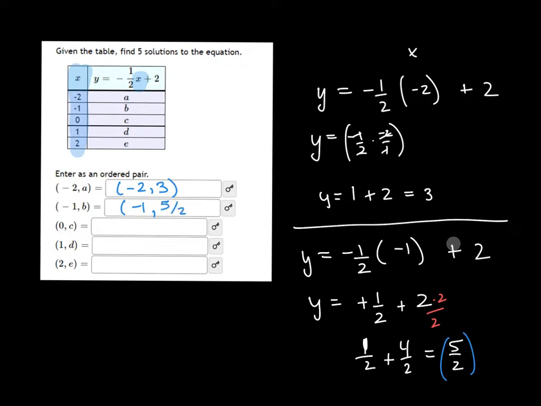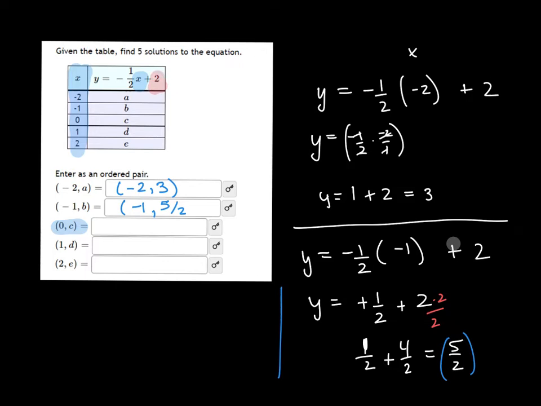And the last one that I'm going to do is when x is 0. So that's just a special case. That special case, remember, whenever you have 0, comma, c, that is your y-intercept. So what is our y-intercept here? Our y-intercept is just 2.